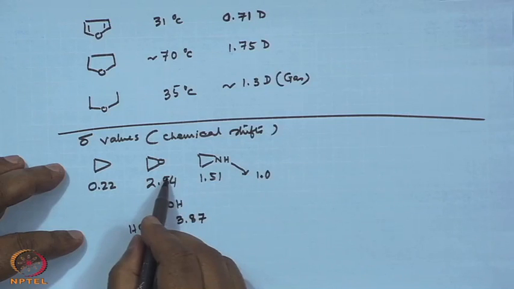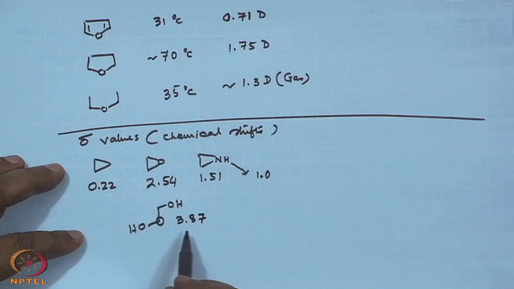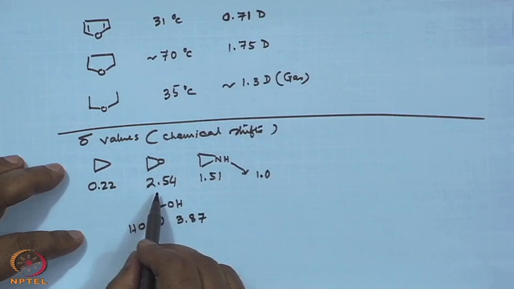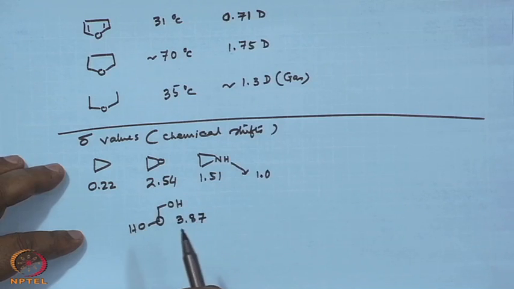Now you see the difference. 3.87 goes to 2.54, that means drastically decreased, more than 1 ppm. So, why has it decreased?